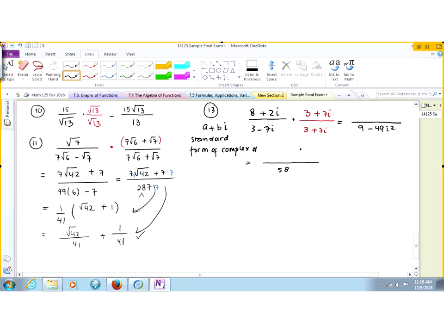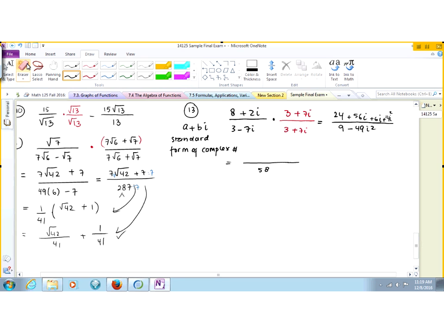All right. So what do I have on top? So we got to do FOIL here, right? 24 plus 56i plus 6i. And then last one? Yeah, plus 14i squared. All right.